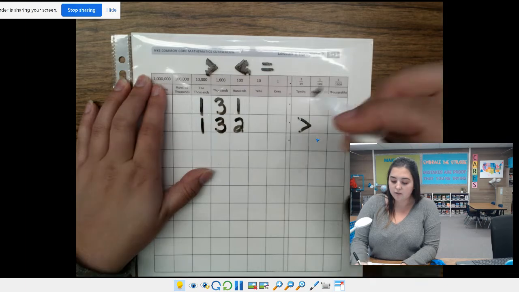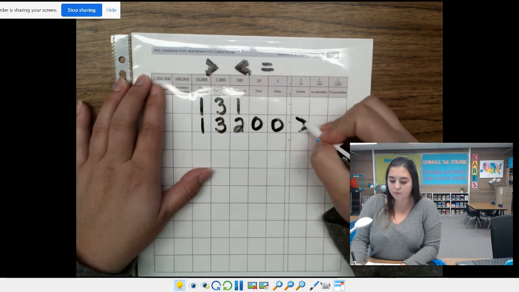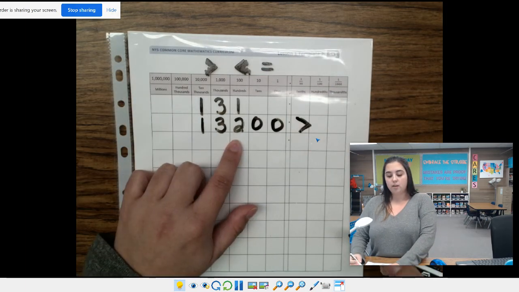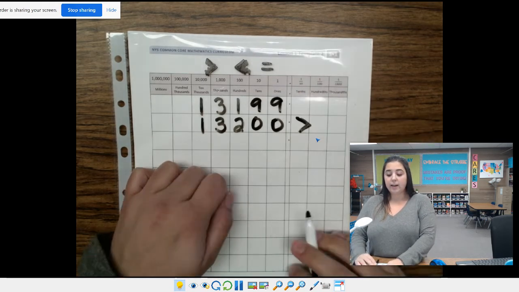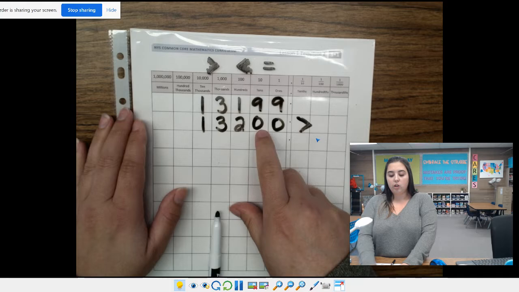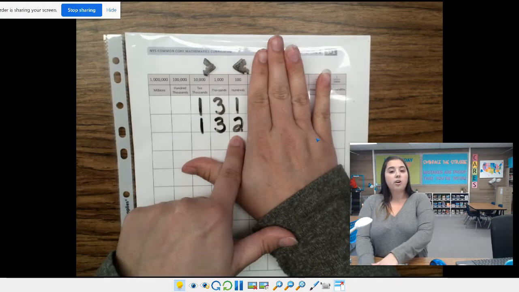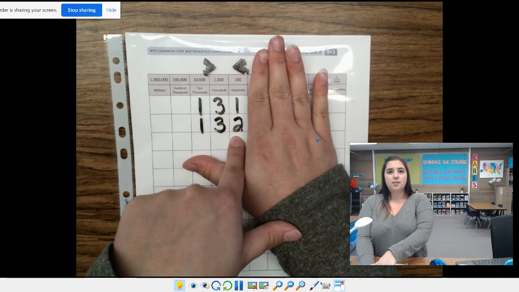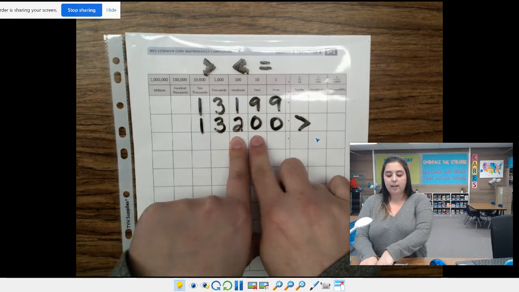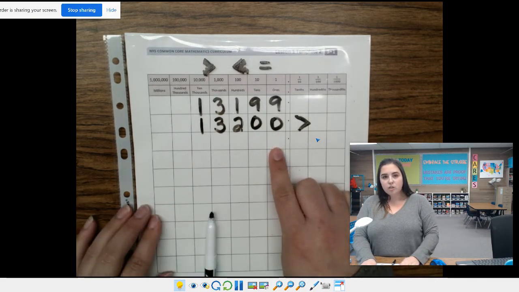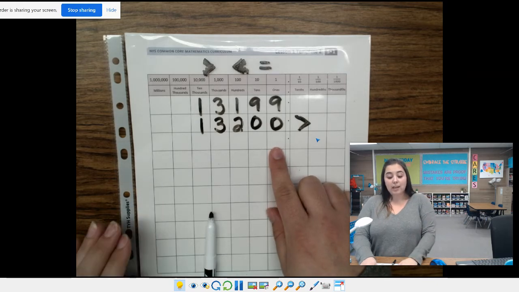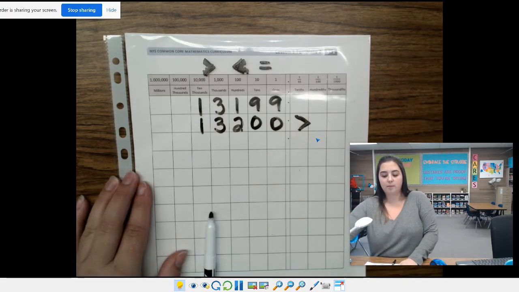In fact, this could just be 13,200, and this one could be 13,199. It doesn't matter that these numbers are larger because it already has more hundreds, which are larger than the tens or the ones. Hopefully this looks familiar to you. We're going to use the same understanding to work with decimals today.